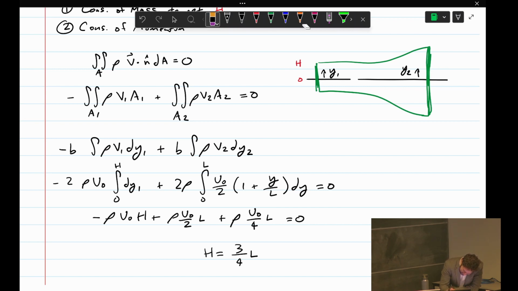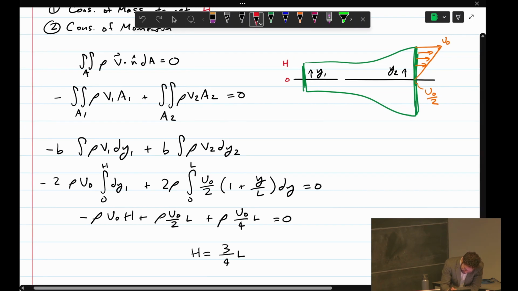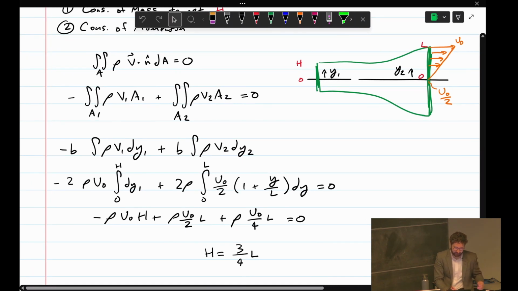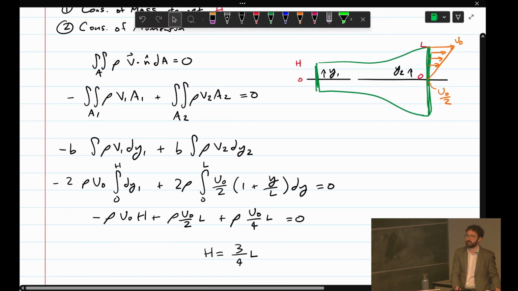I'm integrating this linear function, which goes from u0 to here it's u0 over 2. And that integration goes from 0 to L based on the problem geometry. Okay, so any questions about that integration?